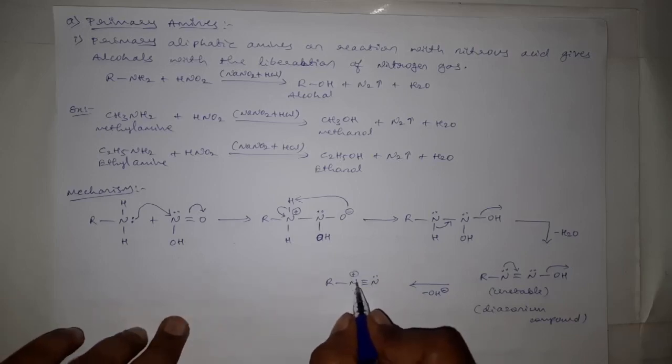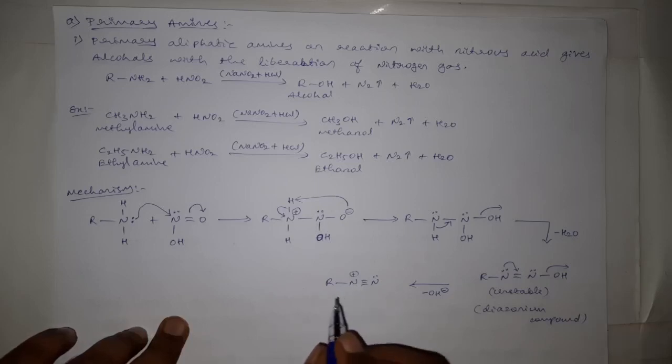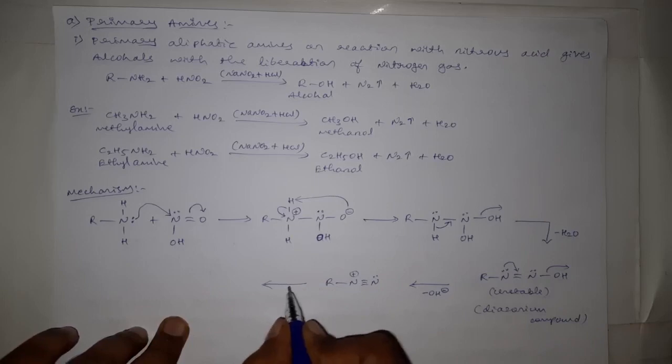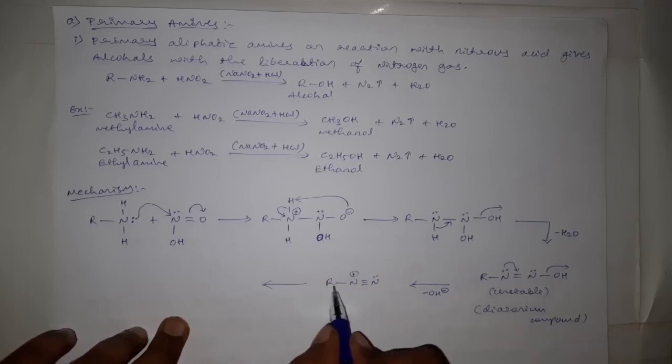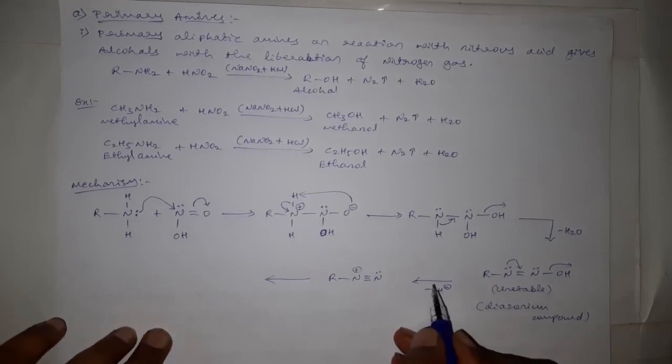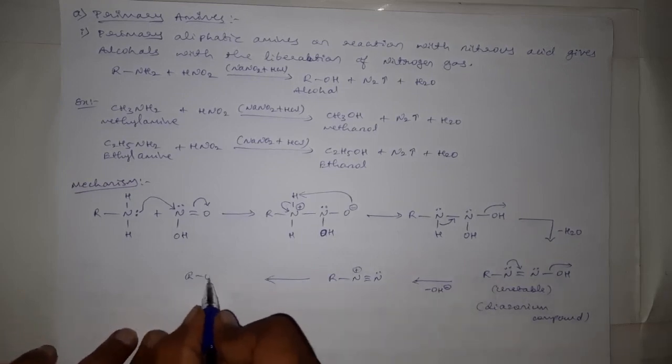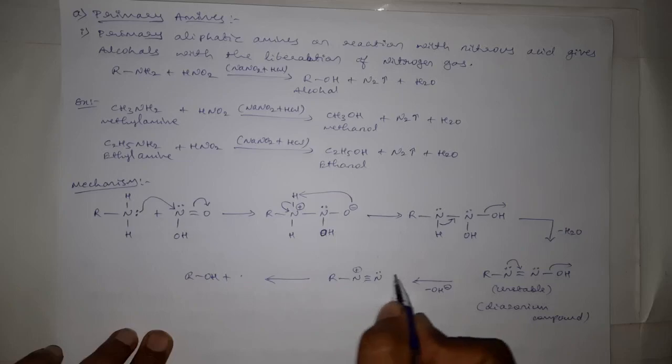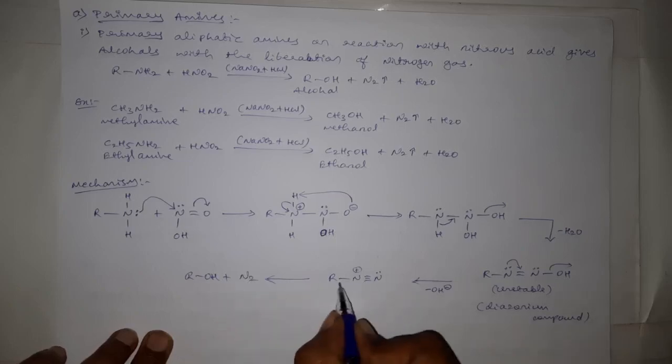It will get a positive charge, and this alkyl substituent R will now combine with this OH, and it will go out as ROH, and this will go as N2 gas.